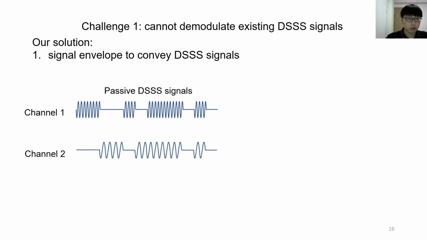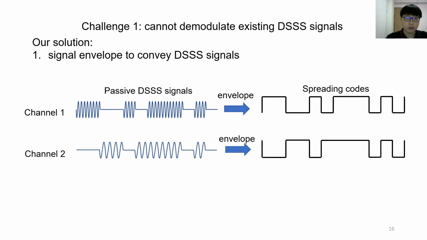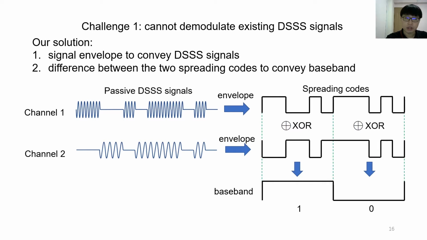Our solution is to use the envelope to convey the DSSS signal. So the receiver can use envelope detectors to receive the spreading codes. And then we use the difference between the two spreading codes to convey the baseband information using XOR operations.